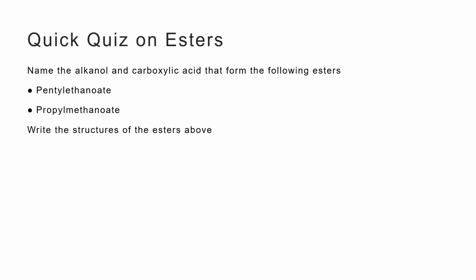Fami Roju Emmanuel, any ideas? For the first one, the alkanol is pentanol. Pentanol is correct. And the carboxylic acid? Ethanoic acid.